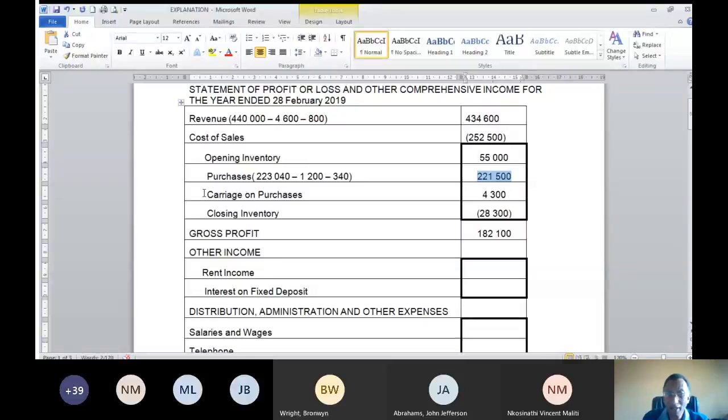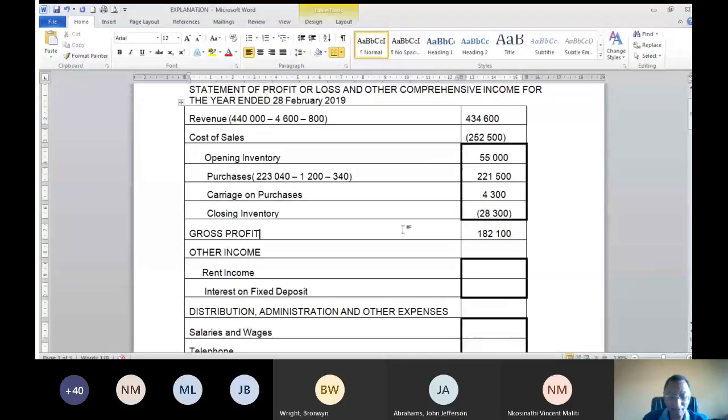You are now looking for other costs that you may have incurred in getting the stock to you, such as railage on purchases, or freight on purchases, or insurance on purchases. But in this example, there is carriage on purchases, 4,300 Rand. Then closing inventory, and your closing inventory is 28,300.